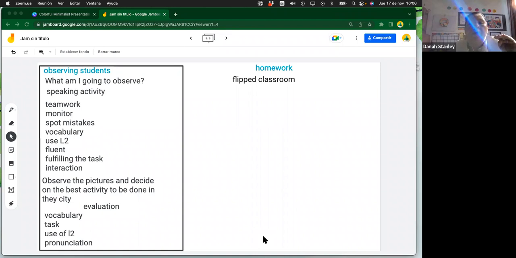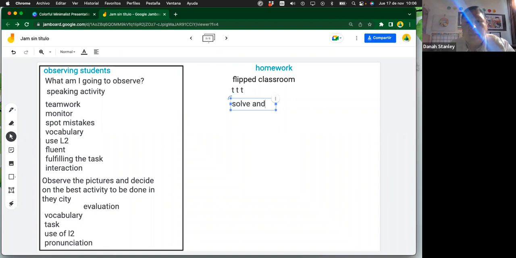Entonces, for example, if I'm going to use this homework as part of evaluation, I consider that it is part of test, teach, test. The students solve an activity at home. We check. We provide feedback.